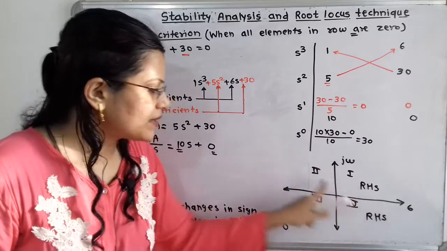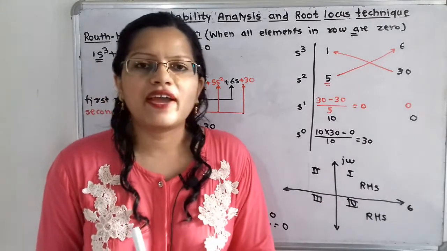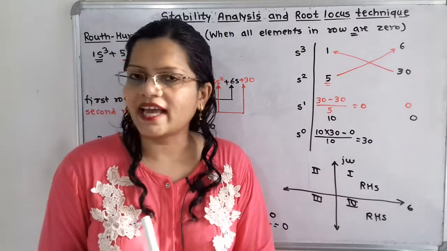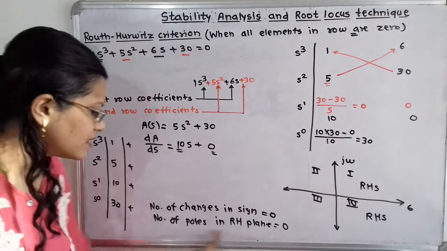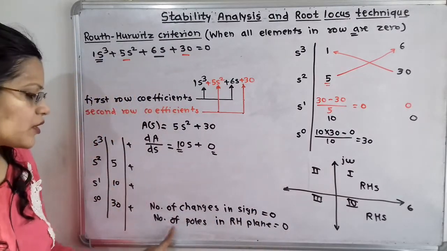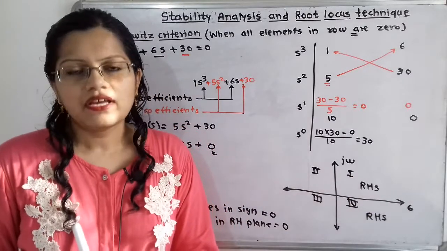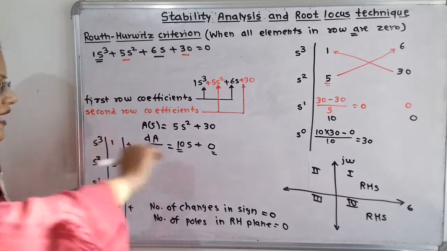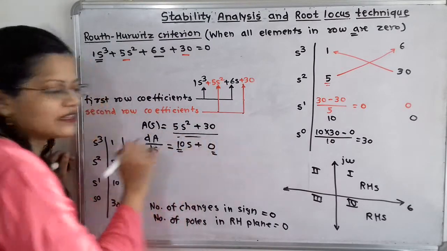When any pole appears in the right hand side plane, then the system is unstable. But here the number of poles in the right hand side plane is 0. Now we have to take the second step: finding the roots of the auxiliary equation.